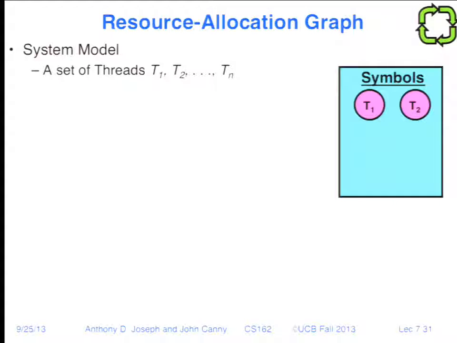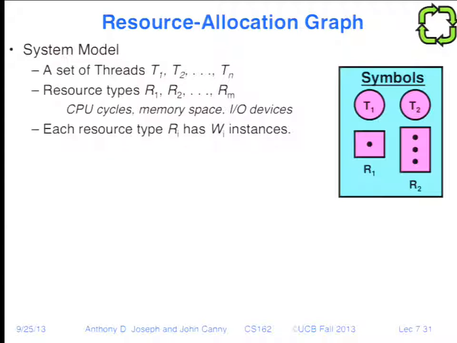All right, we can analyze the situation a little more generally using a resource allocation graph. In the resource allocation graph, we have a set of threads, T1 through Tn, and a set of resource types, R1 through Rm. For each resource type, we can have multiple instances of the resource. The instances are shown inside the square blocks there.